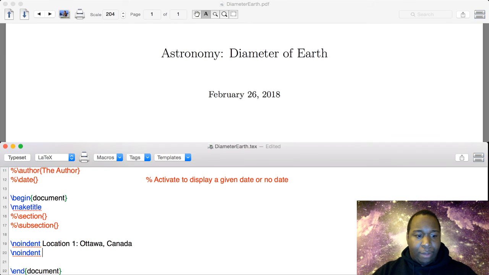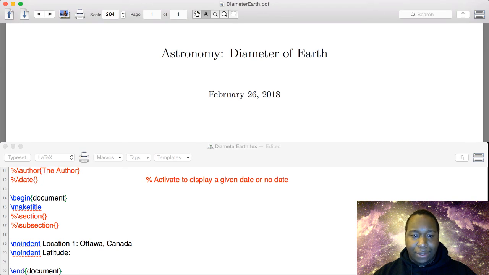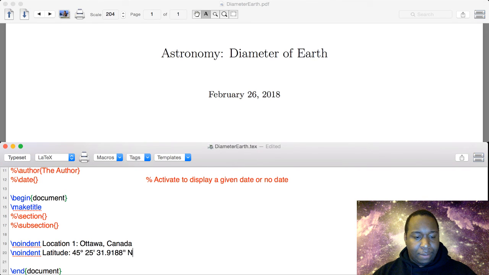And so we have our latitude, which was, and I'm going to go ahead and just quickly cheat here and copy and paste that information. So that was here, so I can just copy and paste this. So back to text. Perfect, and then we have our longitude.